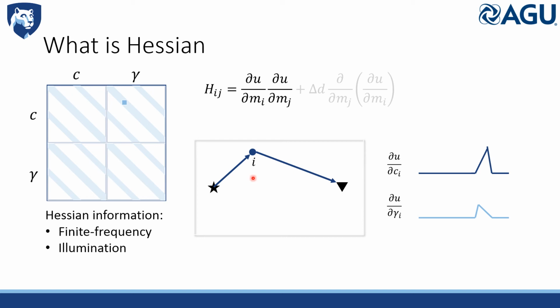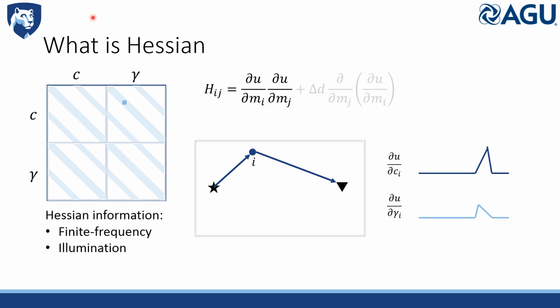Then mi and mj represent the velocity and the attenuation at this specific point i, respectively. So mi becomes ci and mj becomes gamma i. Partial u over partial ci is induced by a velocity scatter, and partial u over partial gamma i is induced by an attenuation scatter.